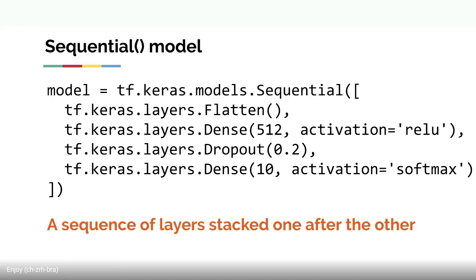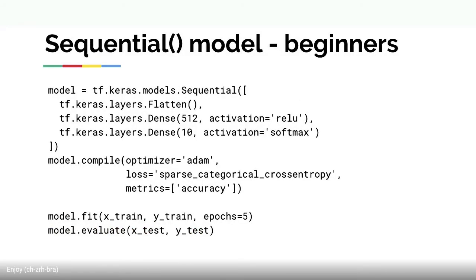Dropout, if you know what dropout is, it's a generalization regularization term, and then you can imagine that this is a classification network. You have 10 classes with the softmax at the end, right? And that's all you need to do. So basically, that's all the code that you need to build the network. Give it how you want to train it and train it. That's as easy as it gets.